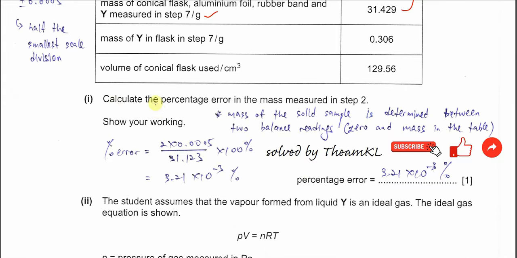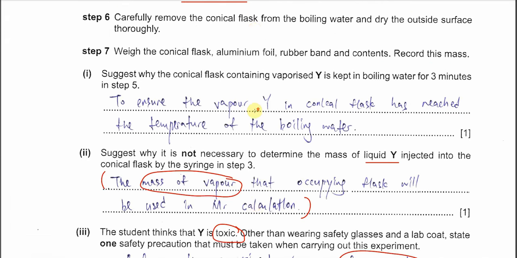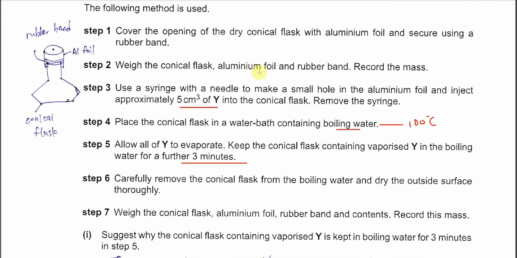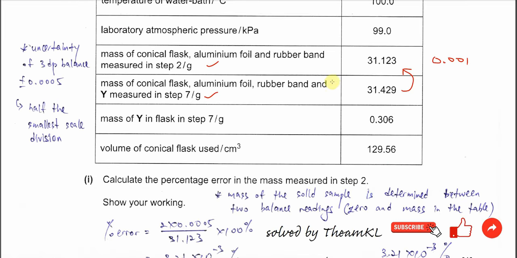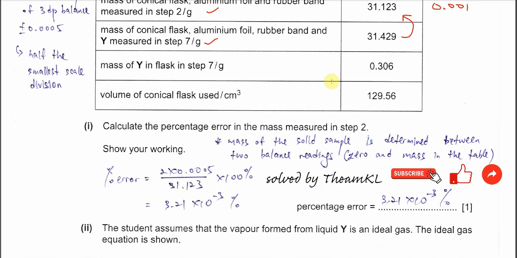And part 1, calculate the percentage error in the mass measured in step 2. Step 2 is the mass of the conical flask, aluminum foil, rubber band. So record the mass. Many of you might think that is one reading, but it actually involves 2 readings.